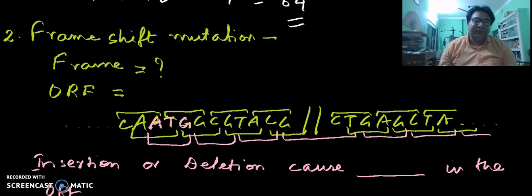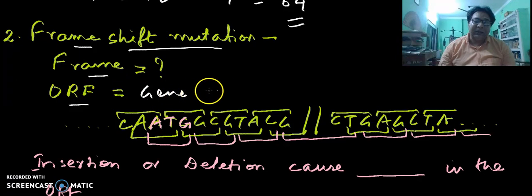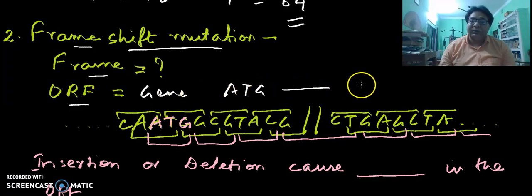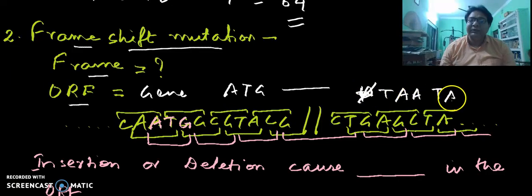The next proof for this is frameshift mutation. What is this frameshift? What is a frame? Frame, or open reading frame. An open reading frame is basically a gene. It starts with an ATG sequence and it ends with a TAA, TAG or TGA.